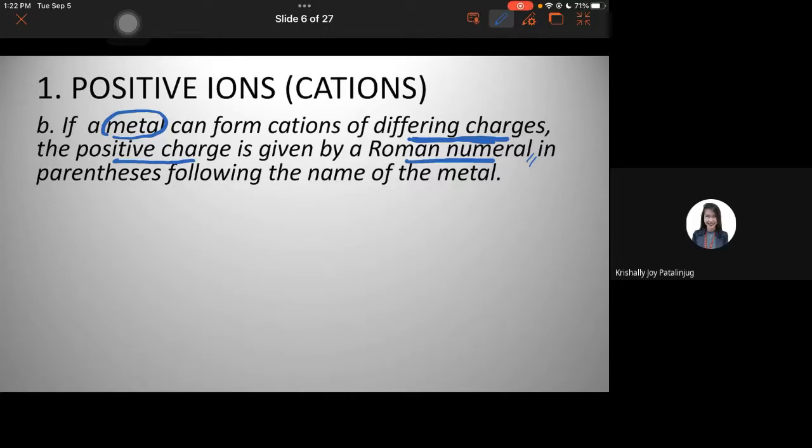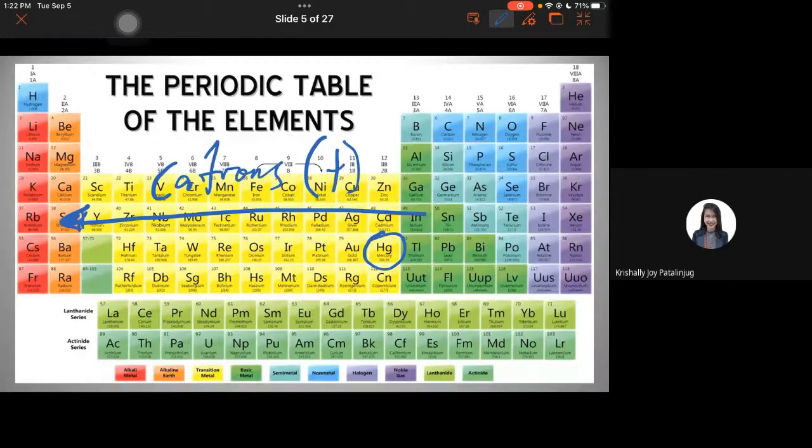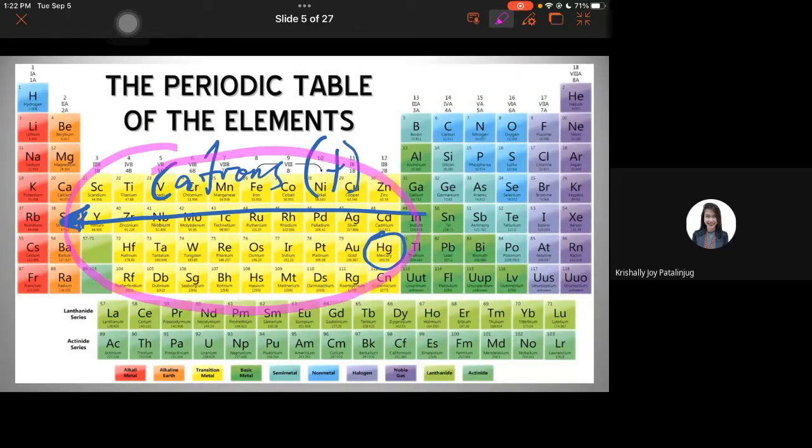What are those examples? Metals that are considered part of the transition metals. Where do we locate the transition metals? This portion of the periodic table, the middle part, the metals found there are transition metals, and they are capable of forming variable charges.